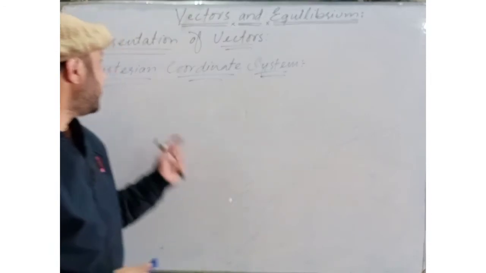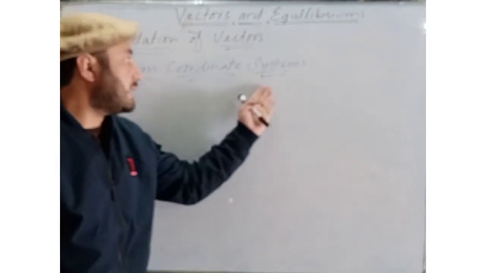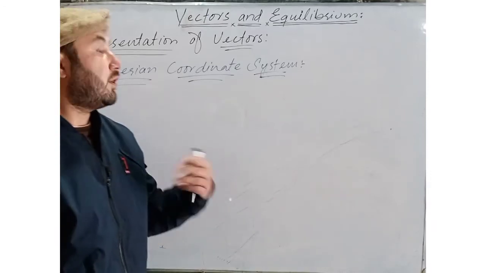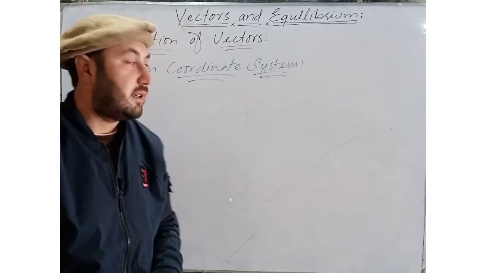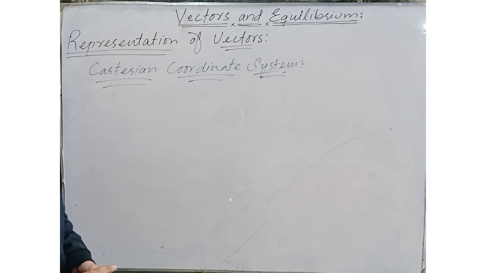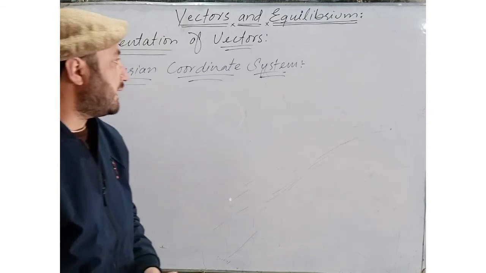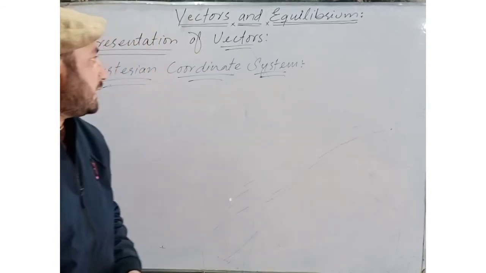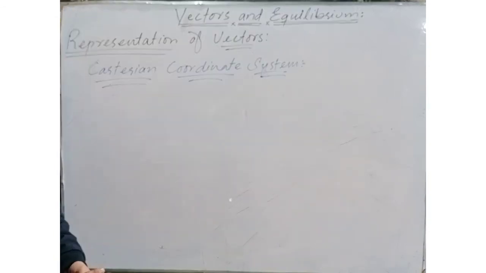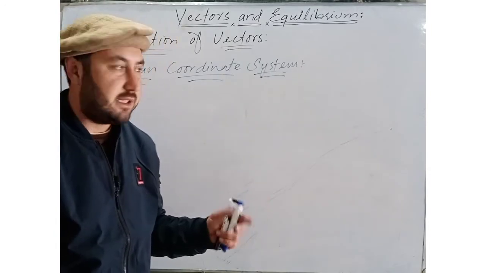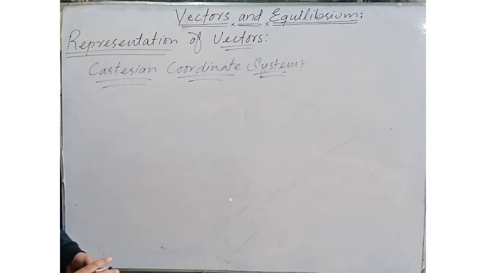So next we are going to discuss the Cartesian coordinate system. This reference frame was introduced by a French mathematician in the 14th century, and the magnitude of a vector and its direction can be specified using such a system.